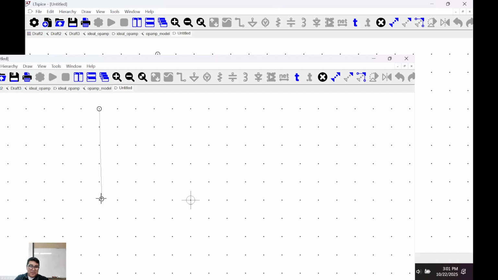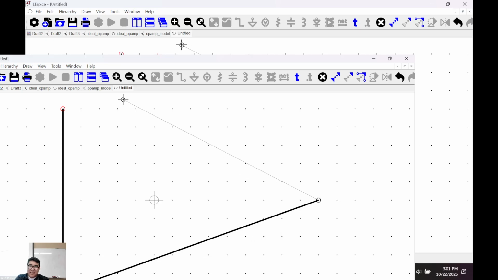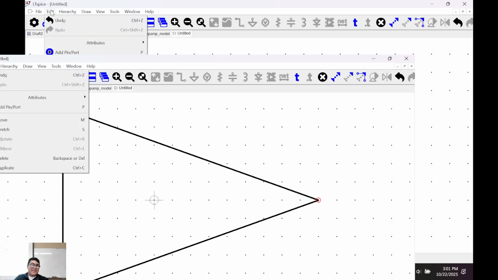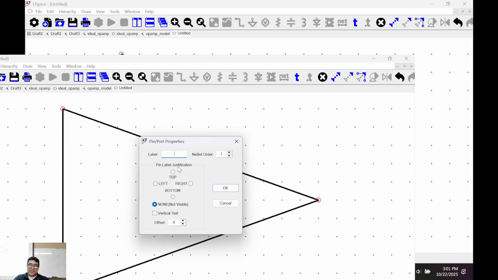Boom. 1, 2, 3, 4. 1, 2, 3, 4, 5. Okay. 5 from here. Straight line. Draw this nice little thing. Is that good? Now I need to add pins. We're going to do VM on the left.